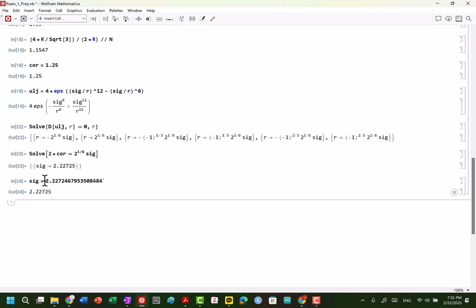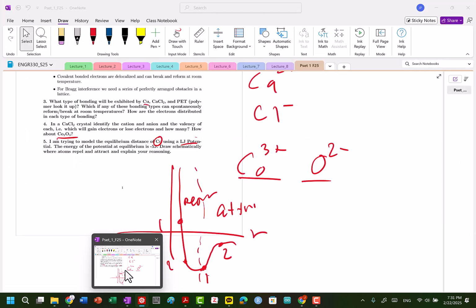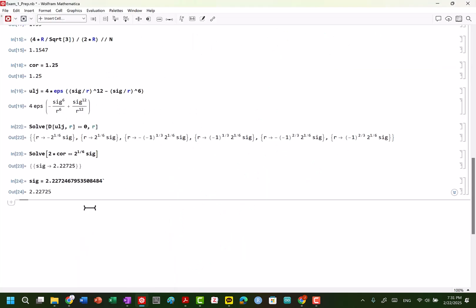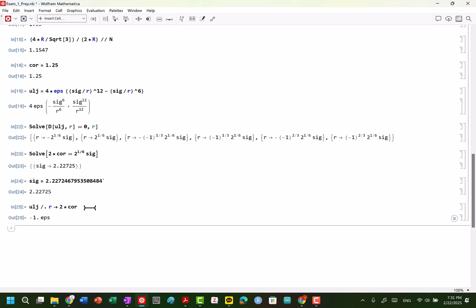We're also told that at that equilibrium distance, the energy of the potential at equilibrium is minus 5 joules. So we can say U_LJ at r equal to 2 times the Co radius is going to be equal to this. And we can pull this out and say, okay, but we know that this value must be equal to minus 5 joules.